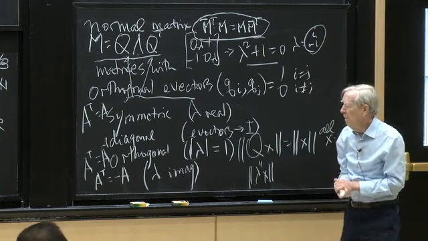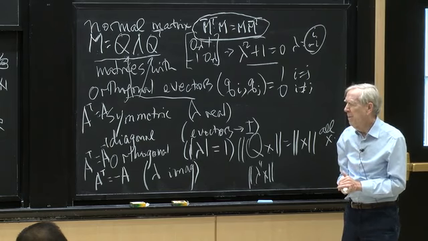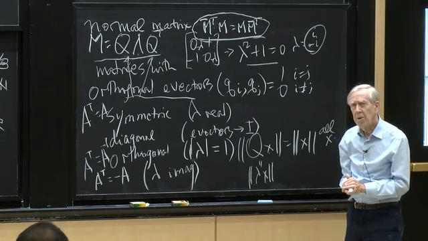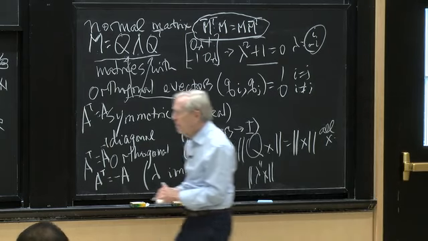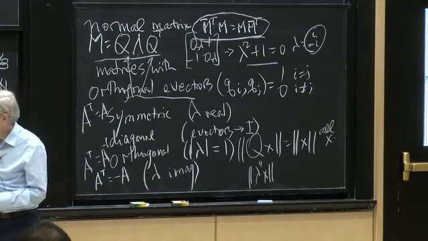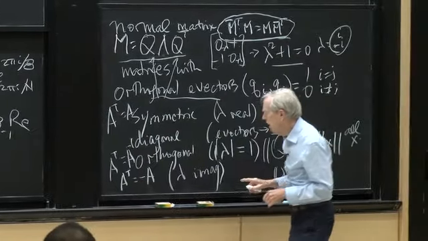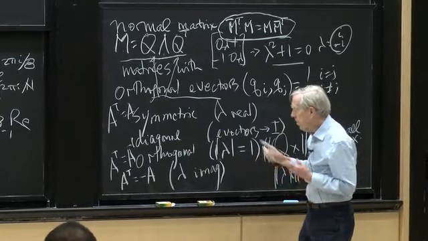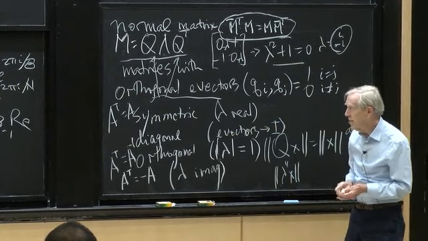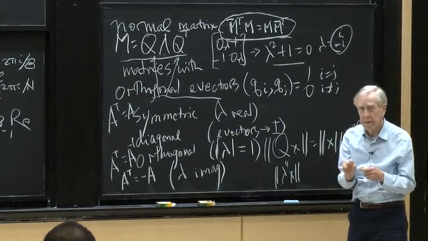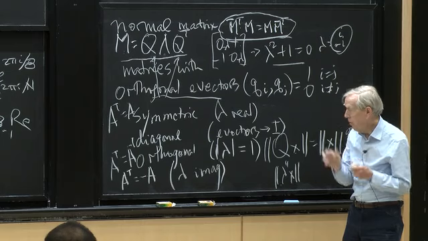Okay, why did I say all that? Simply because the permutation P is orthogonal. So its eigenvectors, which we're going to write down in a minute, are orthogonal.